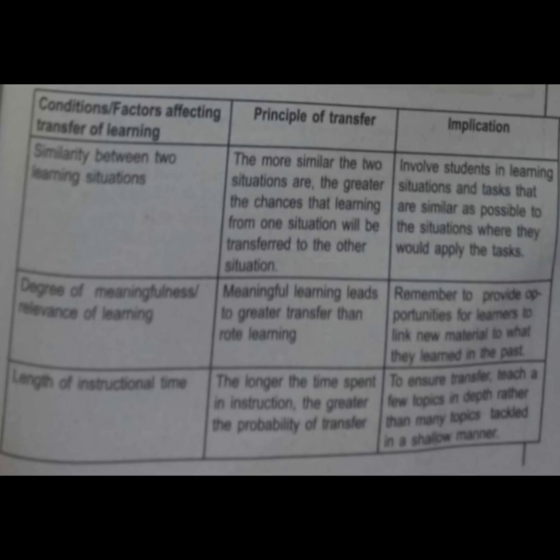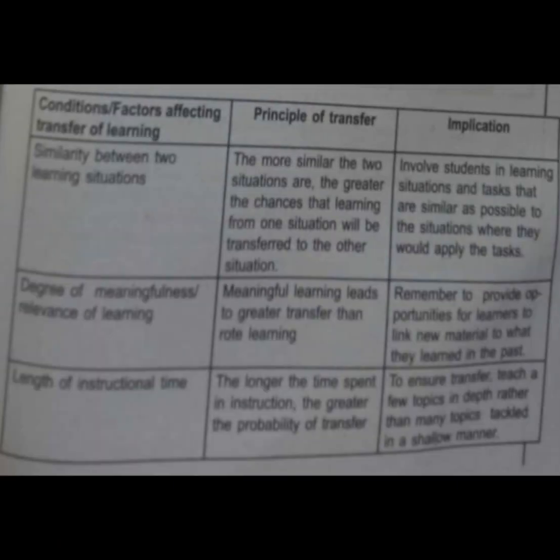Principle of transfer: the more similar the two situations are, the greater the chances that learning from one situation will be transferred to the other situation. In other words, the more you can see the similarities between what you're learning and what you already know, the more likely you are to successfully apply that new knowledge in different contexts.